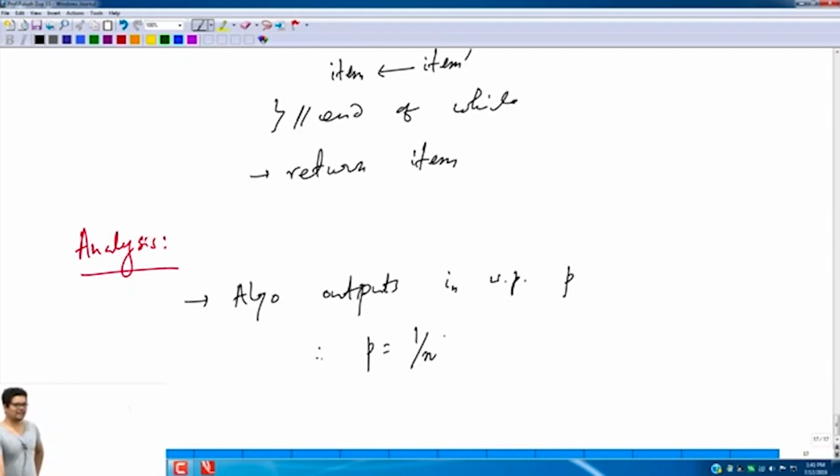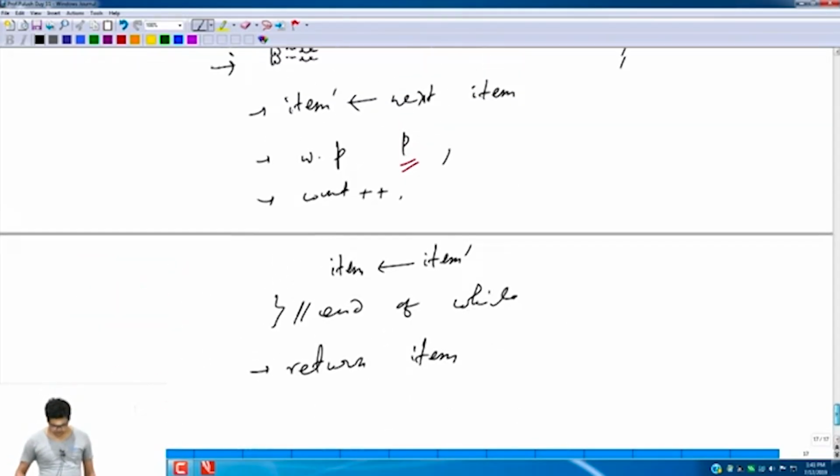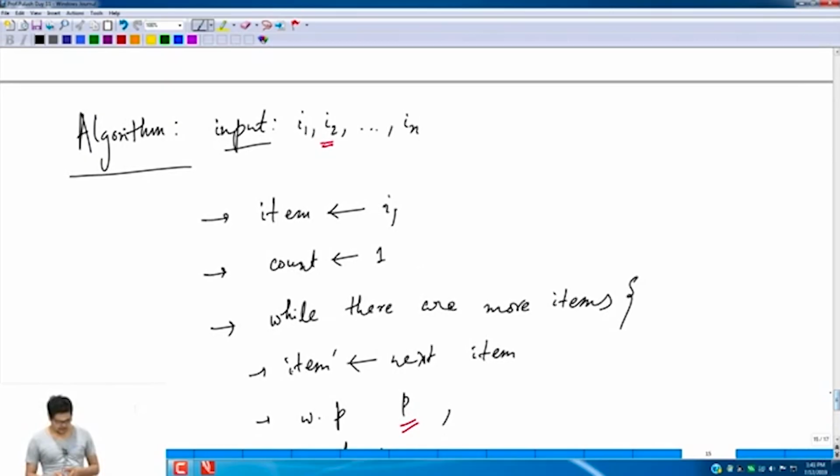But you know, I don't know n. How can I put n there? How can I plug P equal to 1 over n in my algorithm? I don't know n. And not only that, if the length of the input was n minus 1, if the stream had stopped at n minus 1, then the correct P value would have been 1 over n minus 1, not 1 over n.